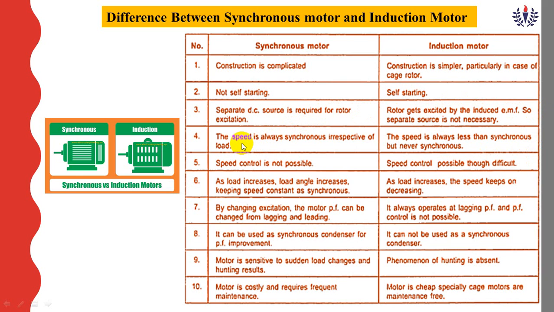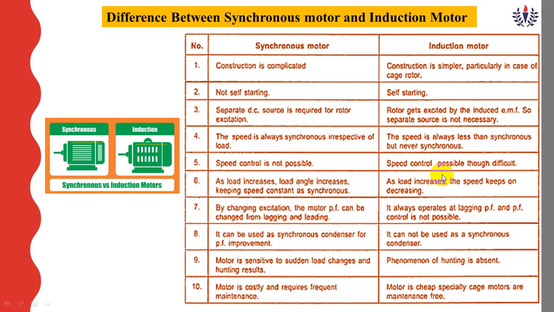Fourth, the speed is always synchronous, meaning Ns, irrespective of the load. But in the induction motor, the speed is always less than synchronous speed, because based upon the load the speed will be reducing. Fifth, in the synchronous motor, speed control is not possible, because the speed is constant, it is Ns.